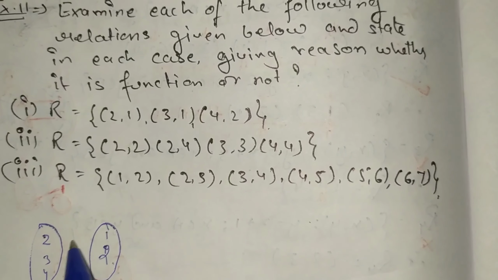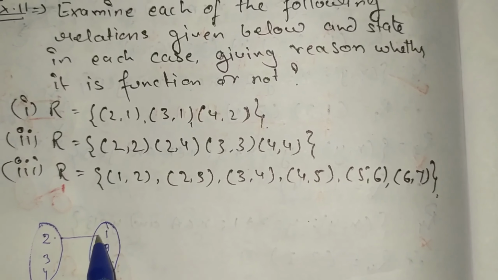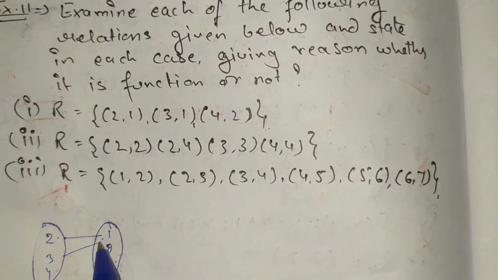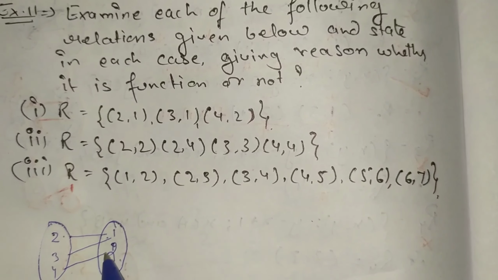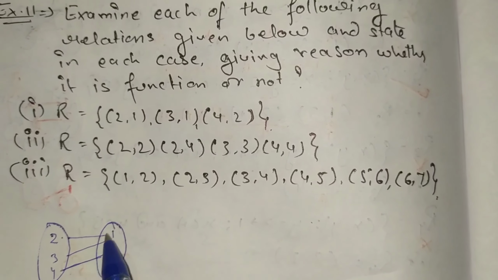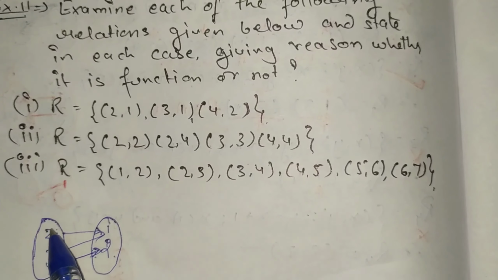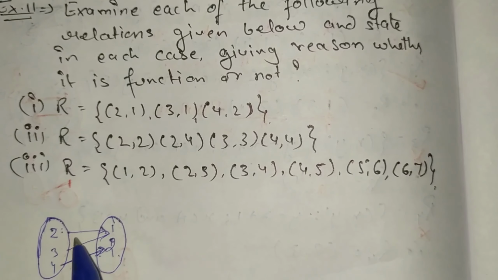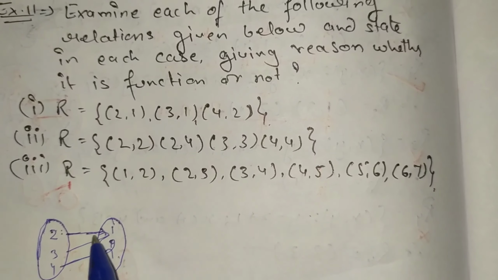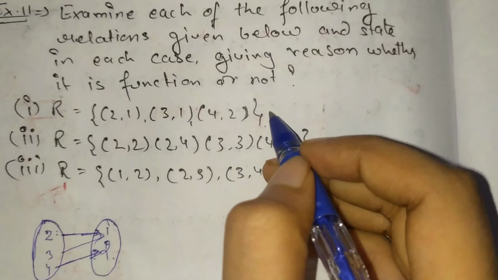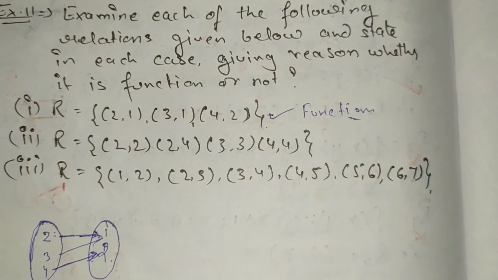Now we can see that 1 is the image of 2, again 1 is the image of 3 and 2 is the image of 4. So in this case we can see that every element of the first set has one and only one image in the second set, therefore this relation is a function.